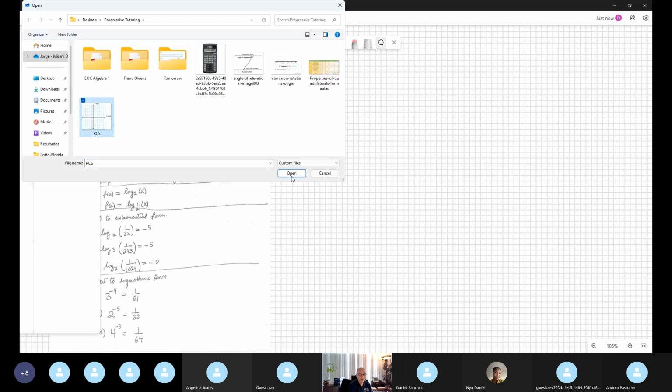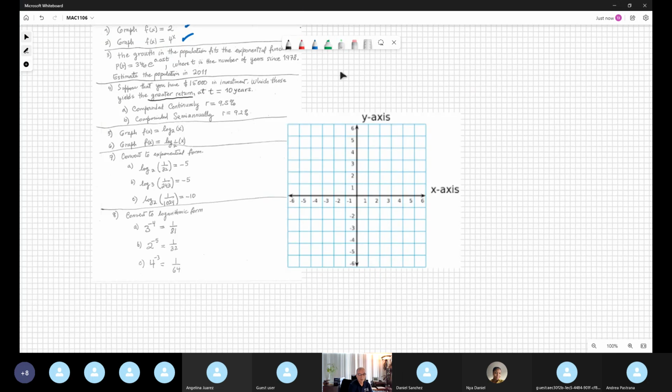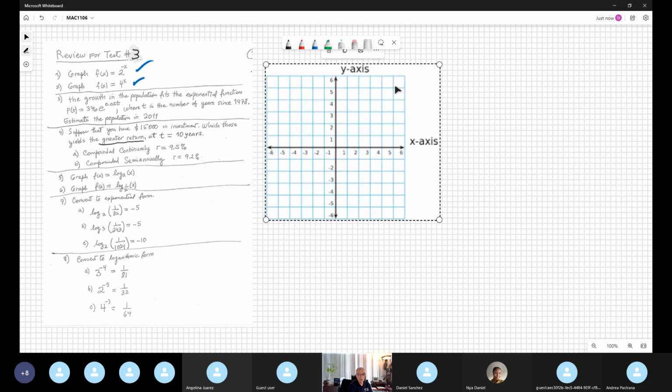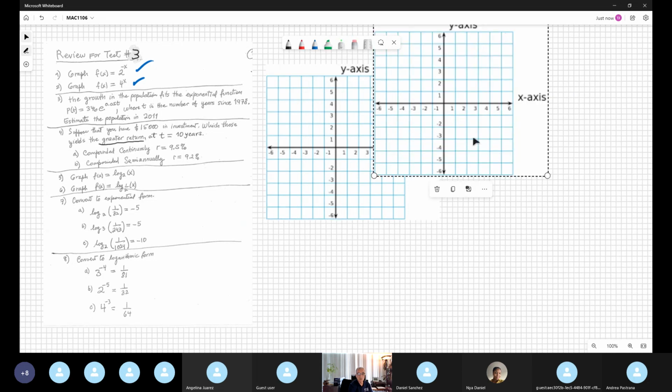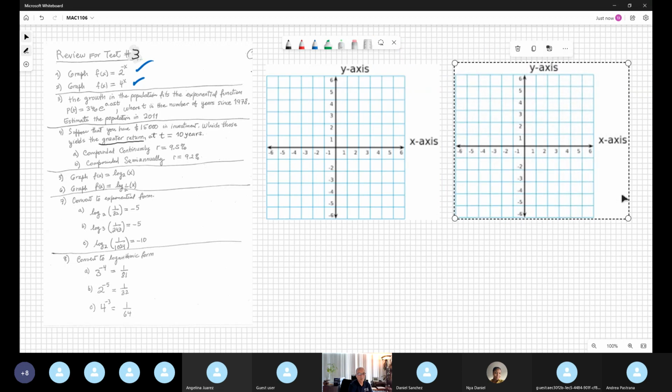Okay, a big graph. We have 2. And the first one is easy. So we are now doing question number 5.